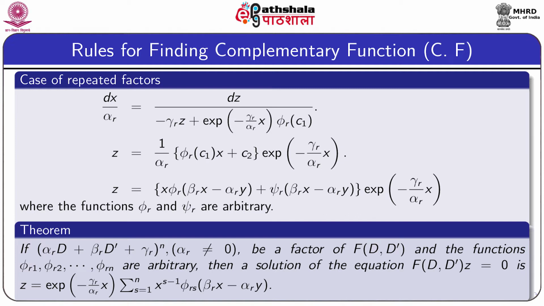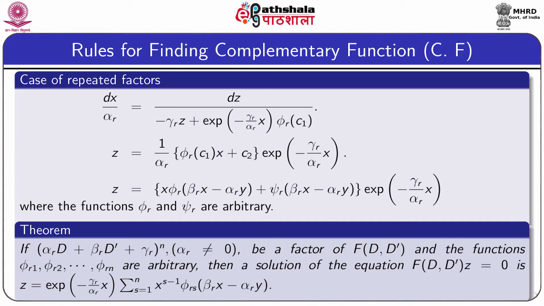So, this idea can be generalized when there are n repeated roots in the function capital F. That theorem is stated now: if αr D plus βr D dash plus γr to the power n is a factor of F, and the functions φr1, φr2, ..., φrn are arbitrary, then a solution of the equation F z equals 0 is z equals exponential of minus γr by αr x into the sum of x to the power s minus 1 φrs of (βr x minus αr y), and these φr are the unknown functions.